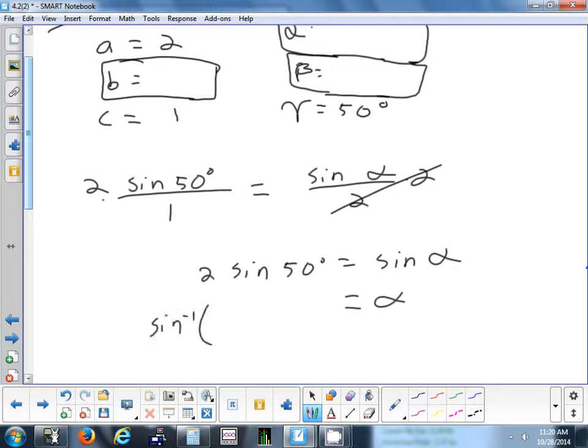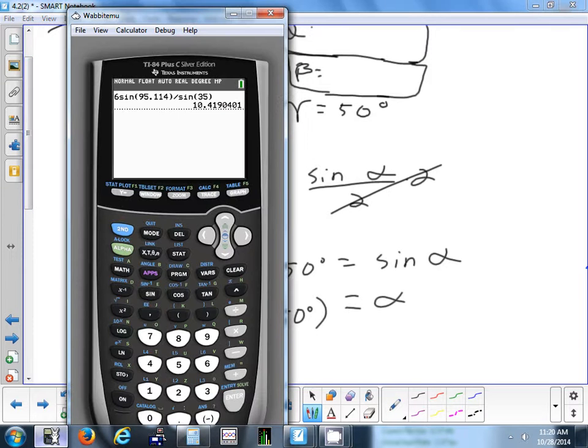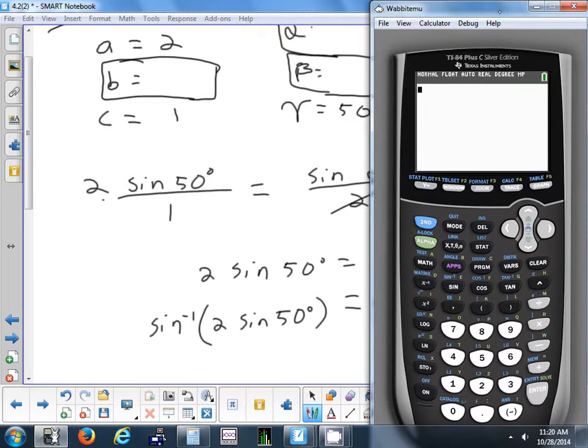Error. It says error. Anybody else get an error? Yeah, domain error. All right, let's try it. Inverse sine of 2 sine 50.